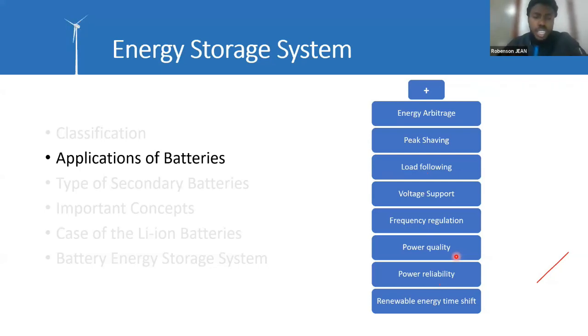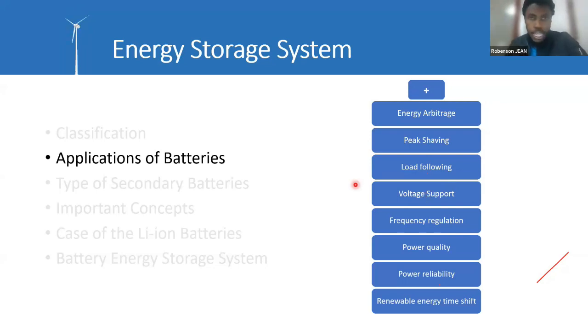And another reason that we can make renewable energy time shift is that sometimes at the peak hour, the cost of the kilowatt is more expensive. So what we can do is store energy in off-peak time. And at the peak time, we will use the energy stored in the batteries instead of using the energy that is coming directly from the utility grid.